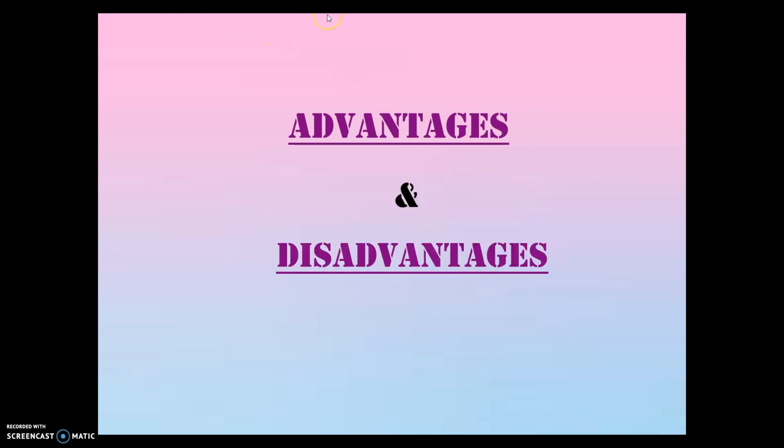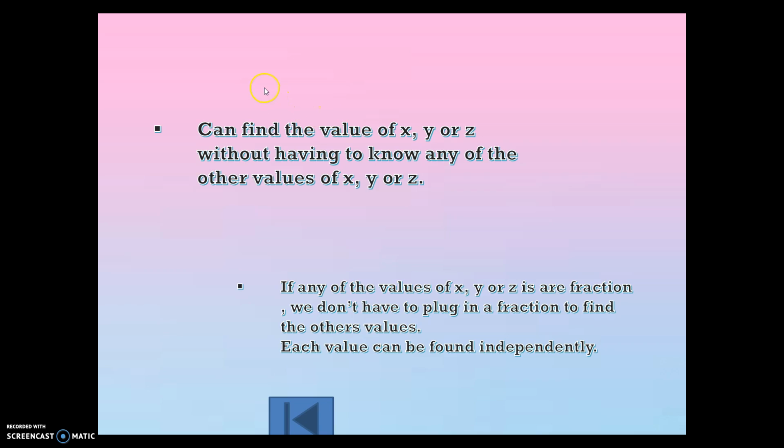Okay, these are some of the advantages and disadvantages of Cramer's rule other than the solution procedure. The advantage is we can find the value of x, y, or z without having to know any of the other values of x, y, or z. If any of the values of x, y, or z is a fraction, we don't have to plug in a fraction to find the other values. Each value can be found independently.